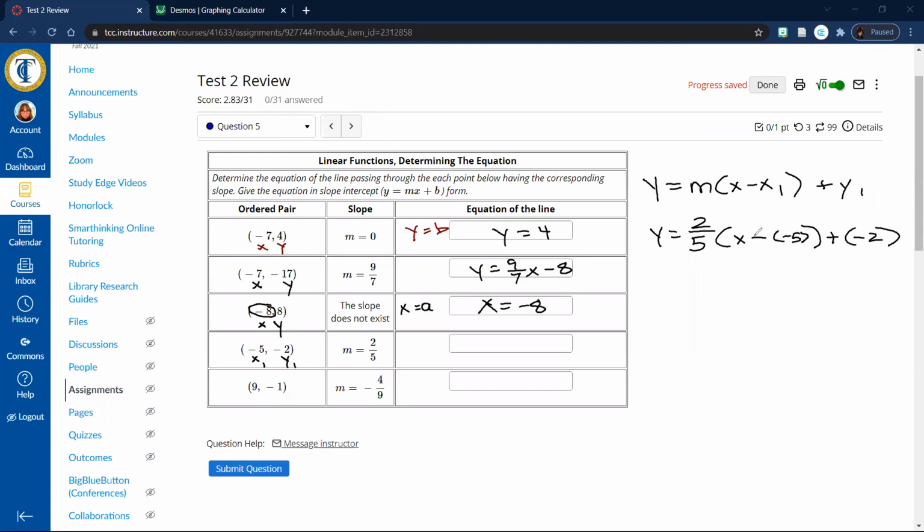If we have two negatives, a negative of a negative is a positive. So this becomes cleaned up: y equals 2/5 (x plus 5) minus 2. We know that that becomes just a negative. Okay, so what's our next step?